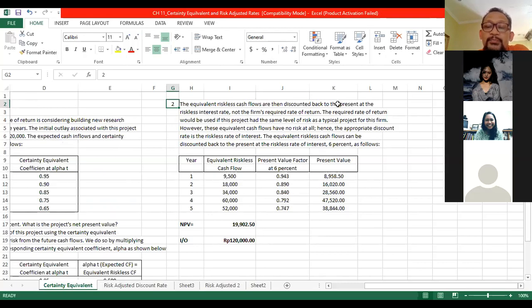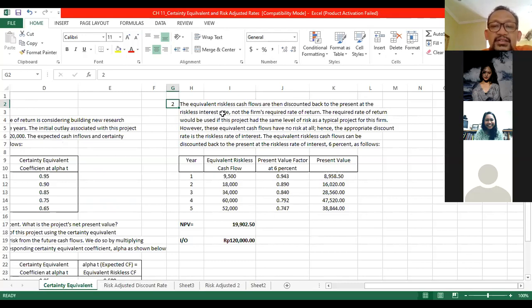Why do you have to discount it back here? Because in this example, or in real life, you have to use the time value of money, or TVM. So that's why, using the time value of money, you have to discount it back to the present value, and there is a riskless interest rate.